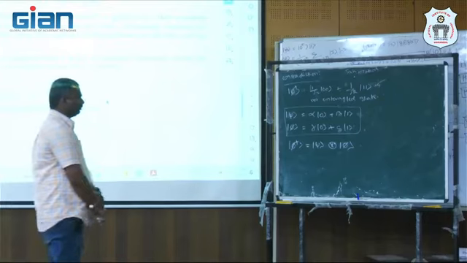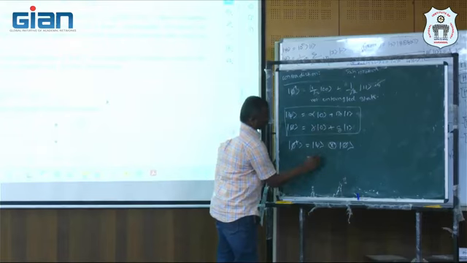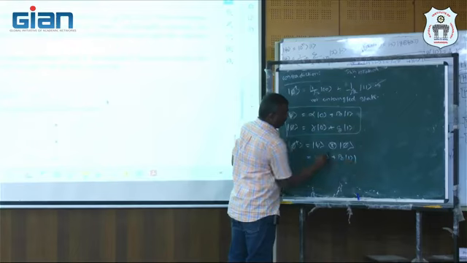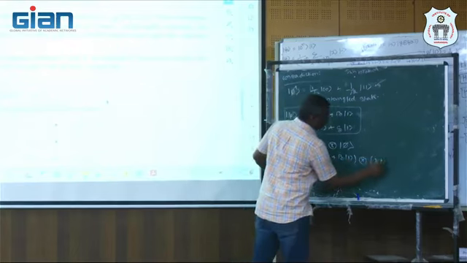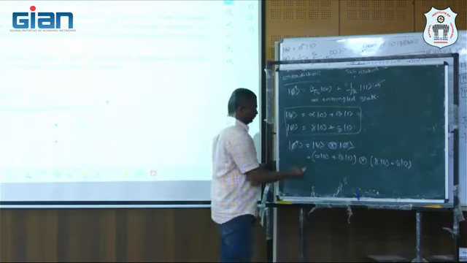What is this value? Alpha ket 0 plus beta ket 1 tensor with gamma ket 0 plus delta ket 1. What is this?